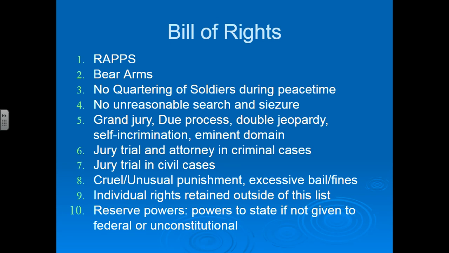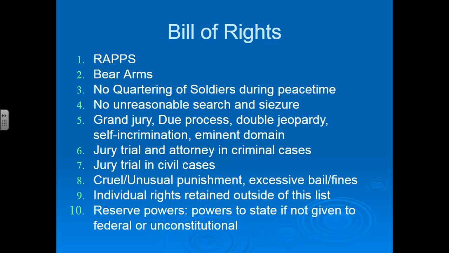There's making the laws fair, so it's called substantive due process. So the substance of the laws has to be fair. And then there's procedural due process, meaning that the procedures you follow to carry out the law have to follow a certain process. Anyway. Sorry. Double jeopardy means you cannot be tried twice in the same court for the same crime.